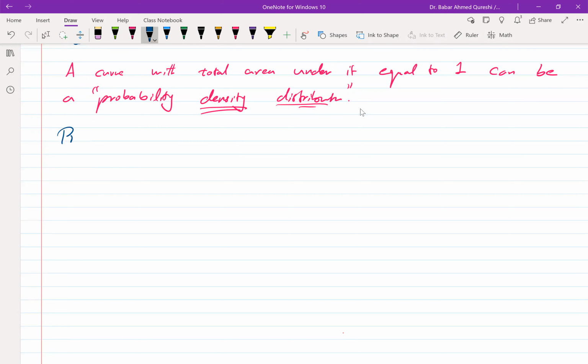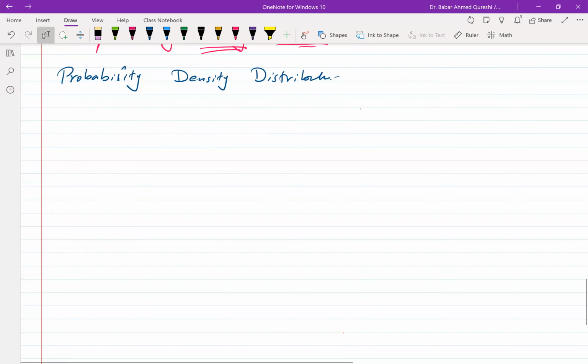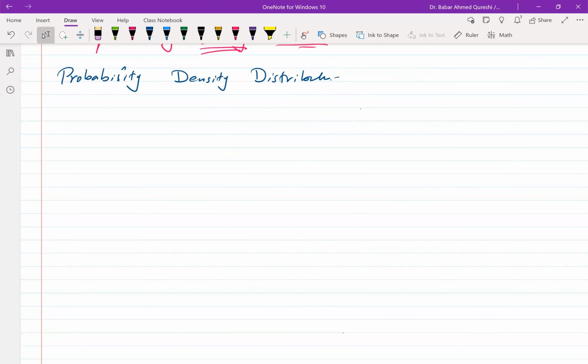Again, my assumption is that this was definitely taught last semester, but I'm just going to repeat. This is something you need when you are describing probabilities for a quantity which is continuous, which takes continuous values.